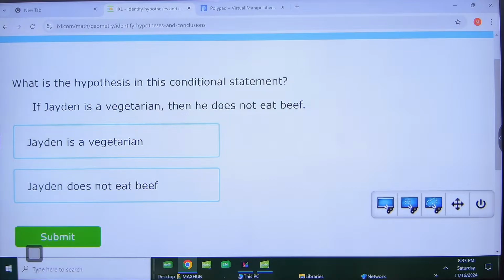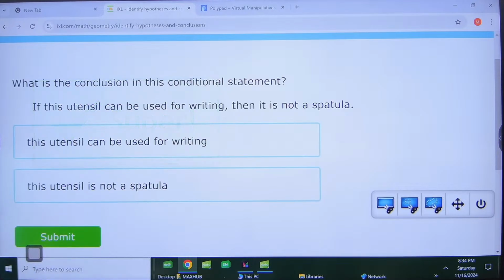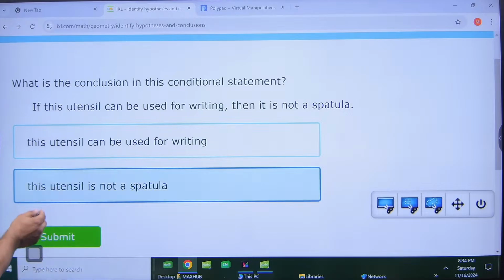Tell me for this. If Jaden is a vegetarian, then he does not eat beef. Hypothesis. So Jaden is a vegetarian. Okay. If this utensil can be used for writing, then it is not a spatula. So what is the conclusion? Then it is not a spatula.